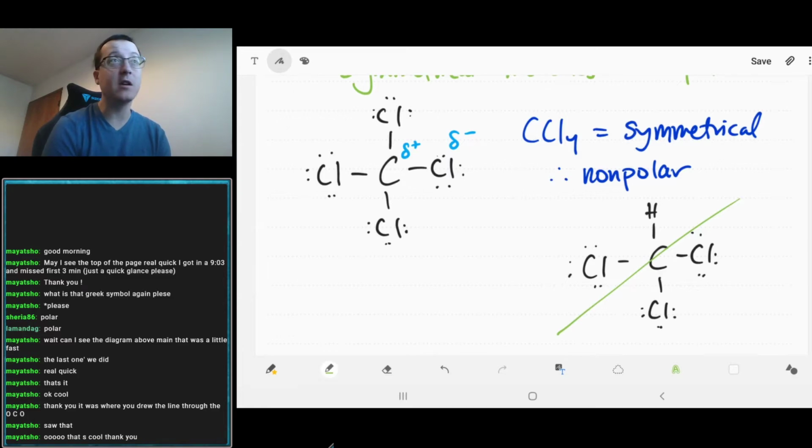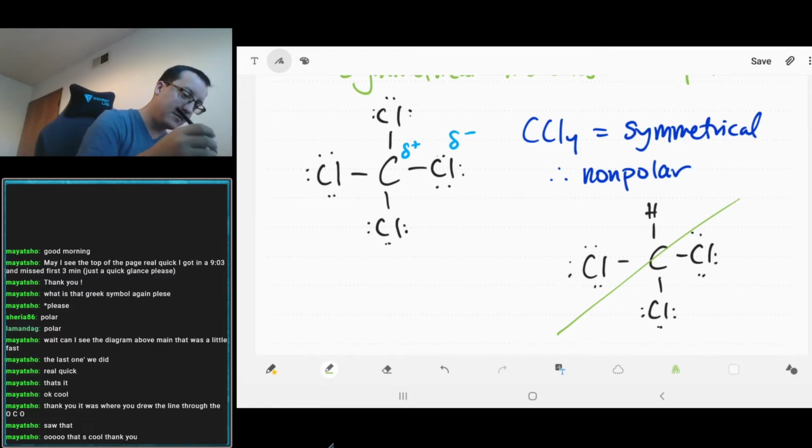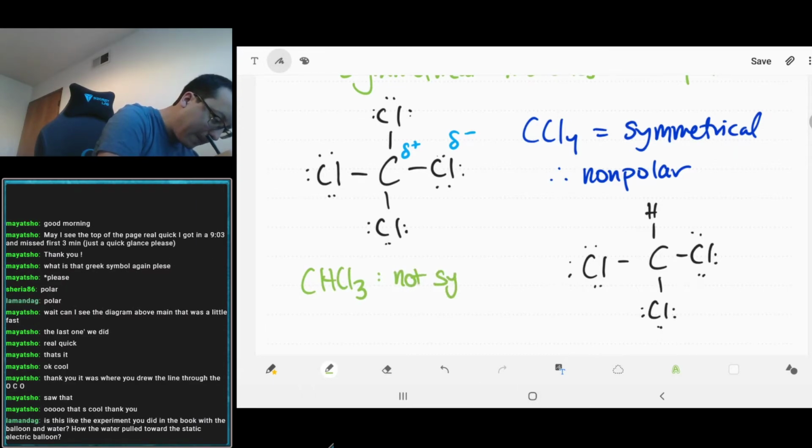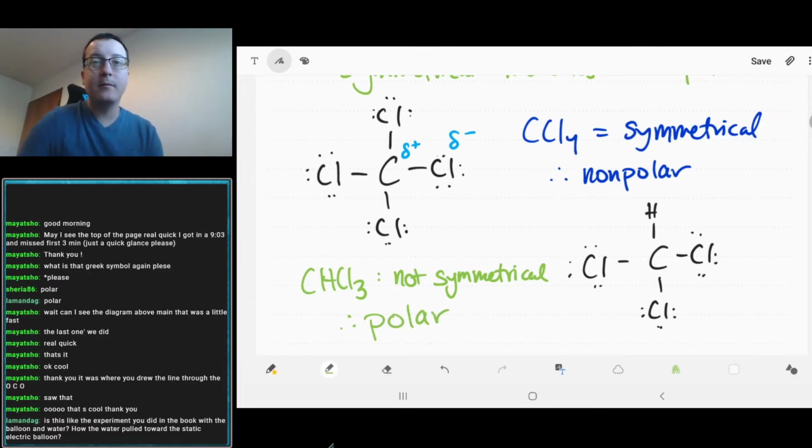Doesn't look like it to me. We have a hydrogen on one side, a hydrogen and a chlorine on one side, we have two chlorines on the other side. So, looking at that, which is not symmetrical, and therefore it will be polar.